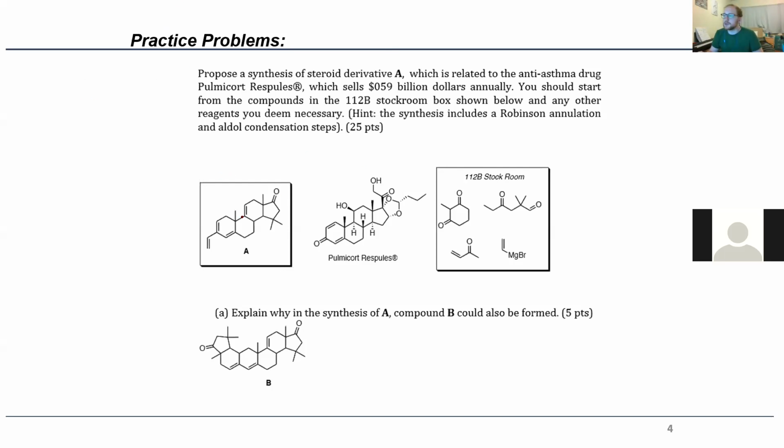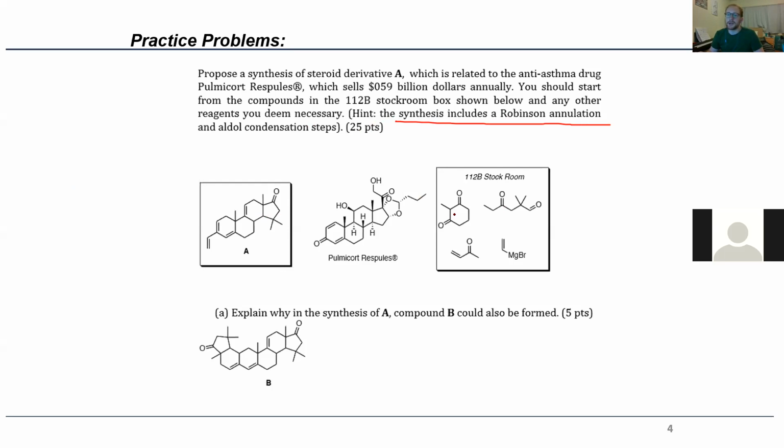So when I look at this molecule, first, I think there's a couple of key recognitions for us to pick out. A is the hint that the synthesis includes a Robinson annulation step.